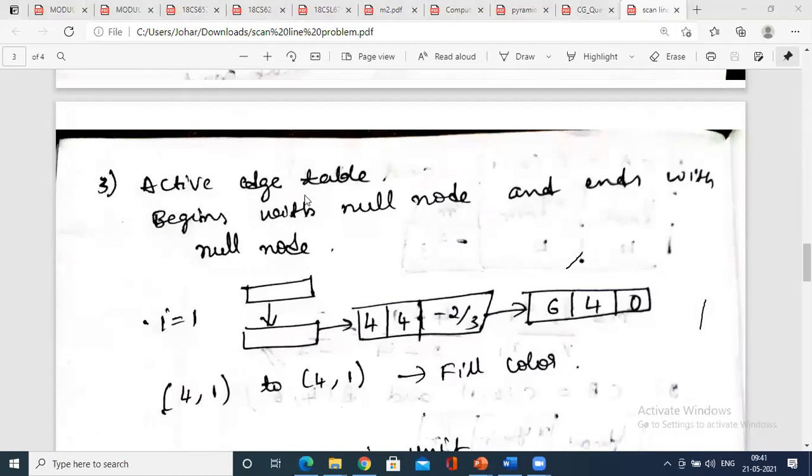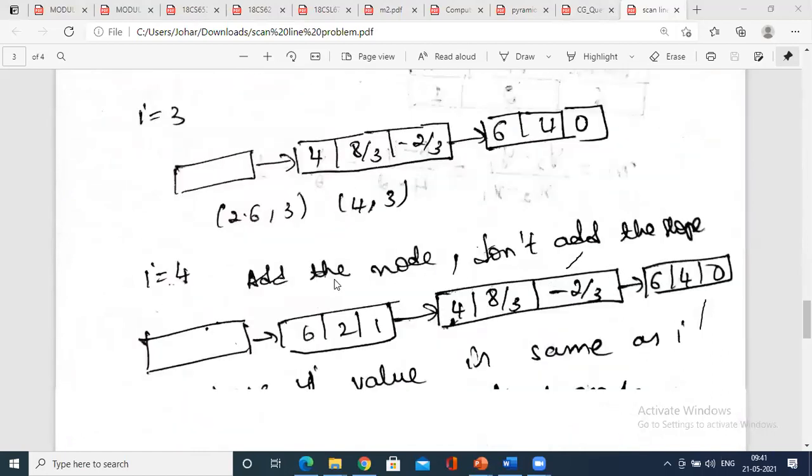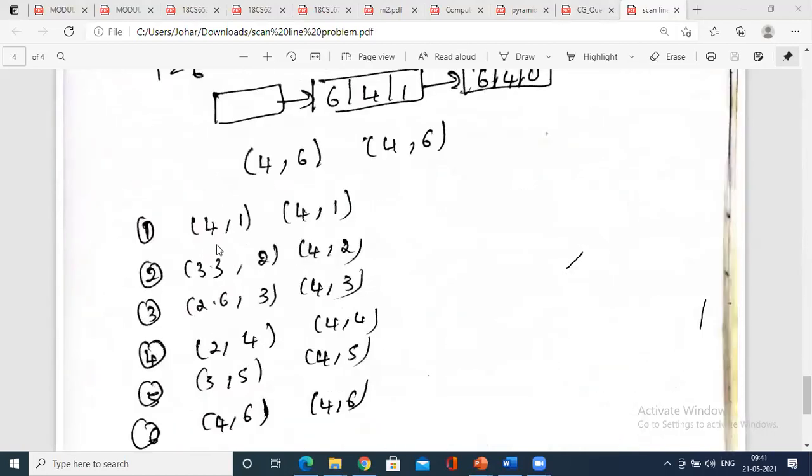Now coming to the active edge table. In the active edge table, we are going to fill the line with the pixels. From where to where? I need to identify that scan line 1 has to be filled only at 4 to 4. Scan line 2 has to be filled only at 3.32 and 4 to 2. Right? Scan line 3 has to be filled only at 2.3, 2.632, and 4, 3.